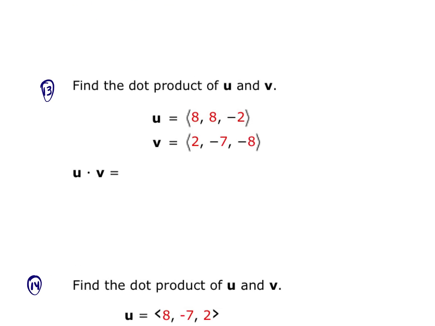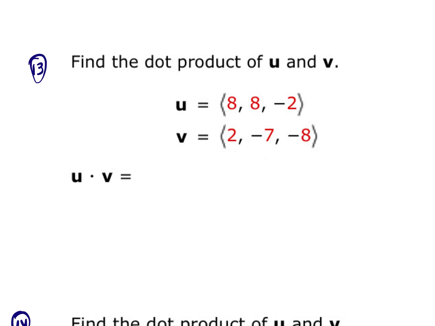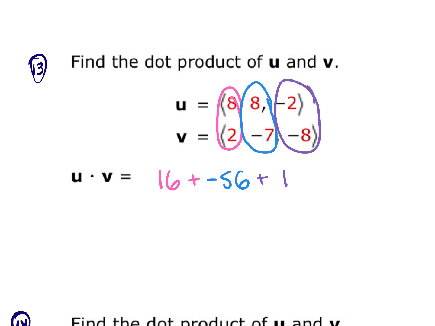For 13, we have to find the dot product. How do I find the dot product? So multiply the x times the x. So the first one, so 2 times 8 would be 16, plus the second one times the second one. What's 8 times negative 7? Negative 56, plus the third times the third, which is 16.